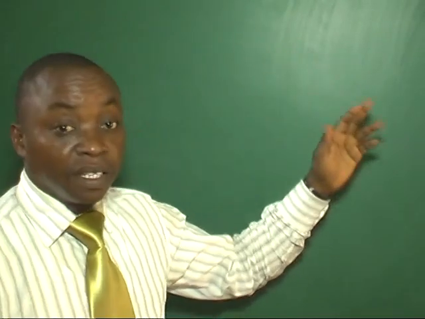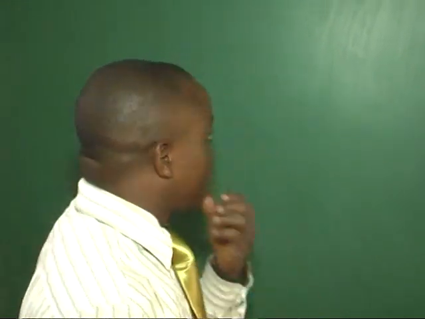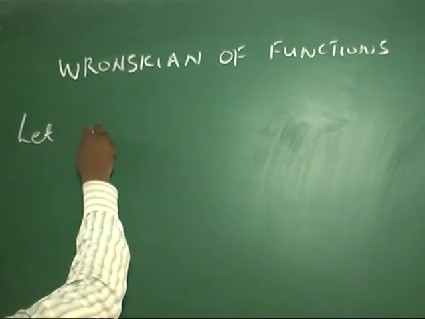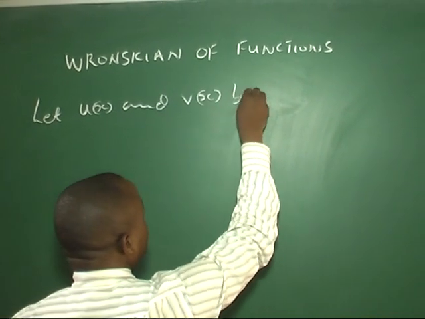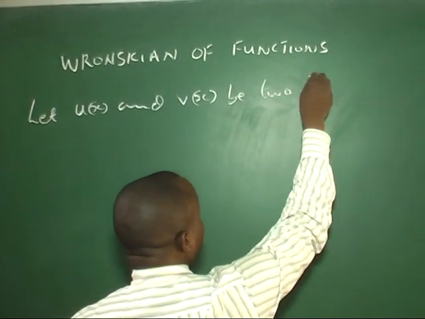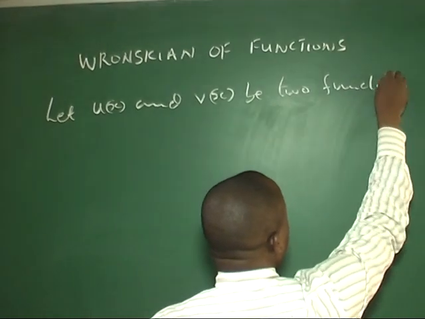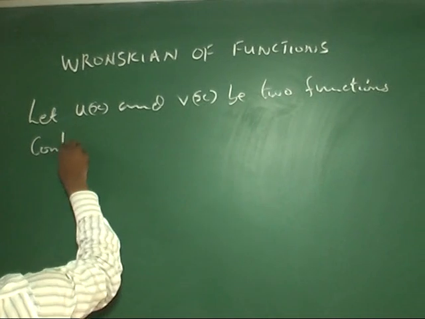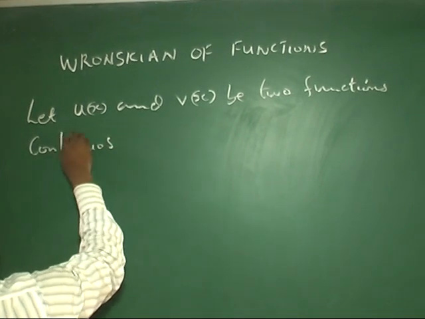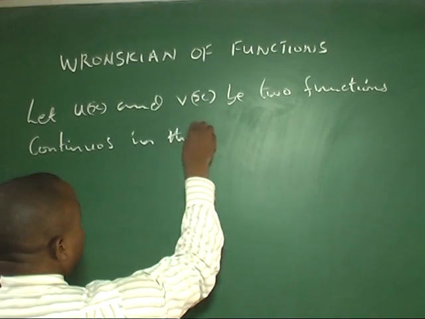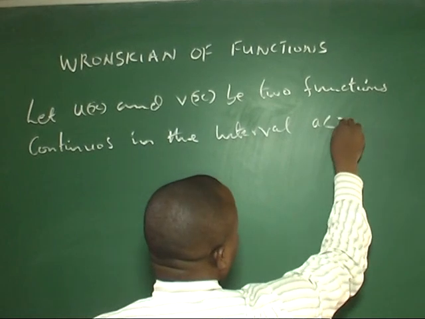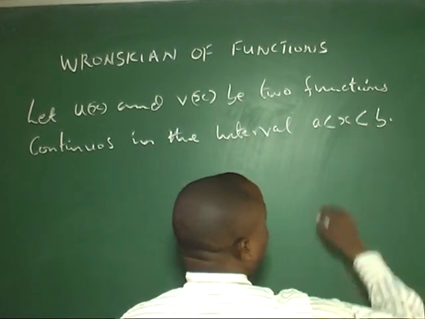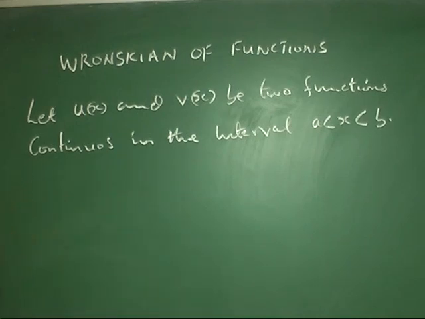We want to look at the Wronskian of functions, what we call Wronskian. Let u of x and v of x be two functions continuous in the interval a less than x less than b.